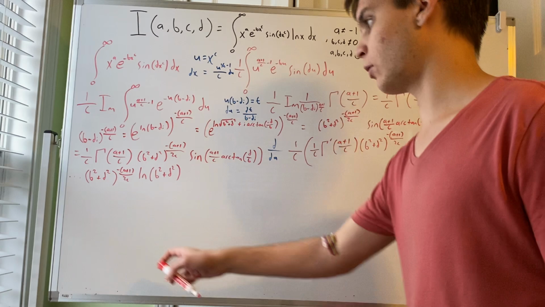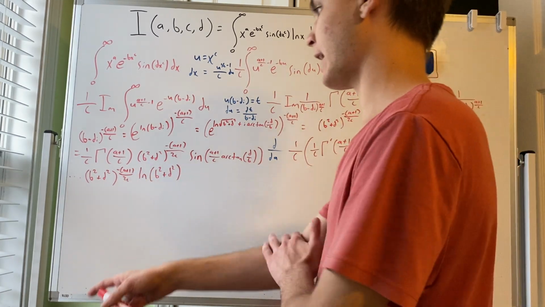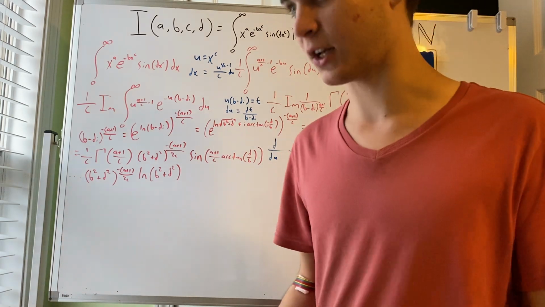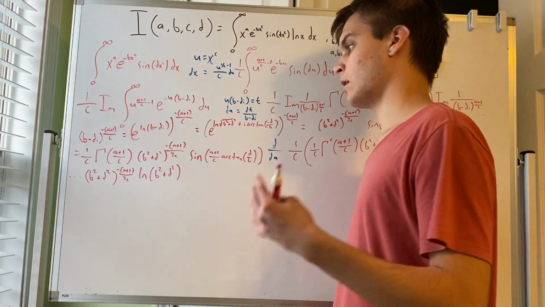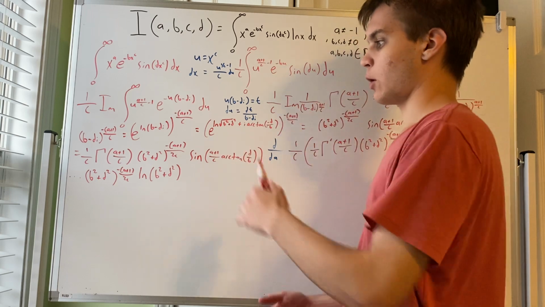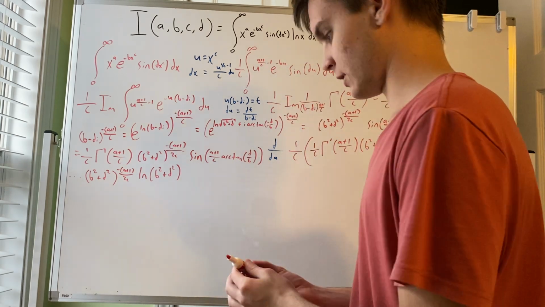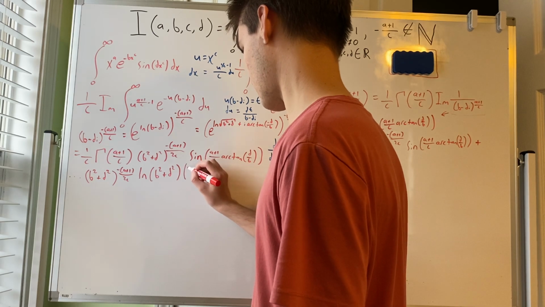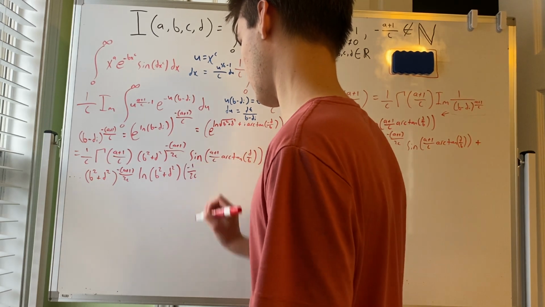And then by the chain rule, if we split this up, we'll have negative a over 2c minus 1 over 2c. The minus 1 over 2c goes away upon differentiation, and our coefficient is just negative 1 over 2c. So I'm just going to put negative 1 over 2c.